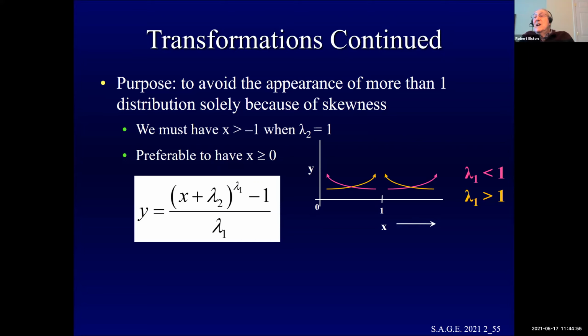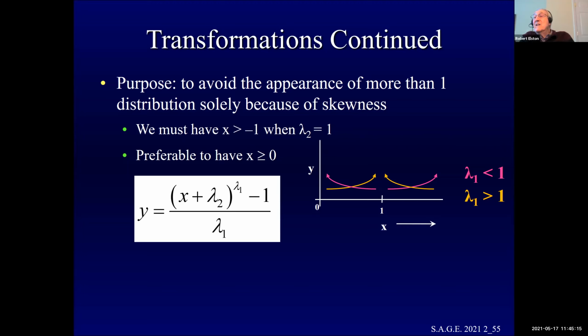What this is telling you is that when lambda 1, the power transformation, is less than 1, it spreads out the values, makes the small values smaller and the large values larger.